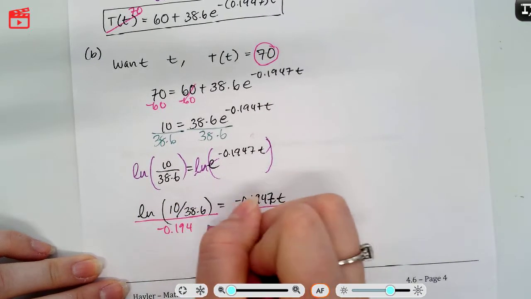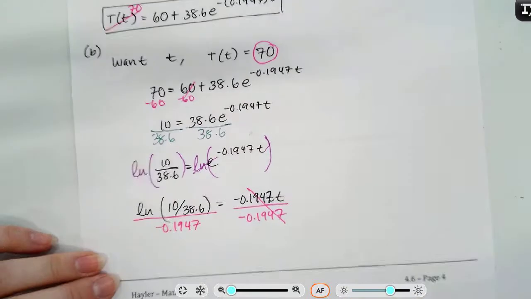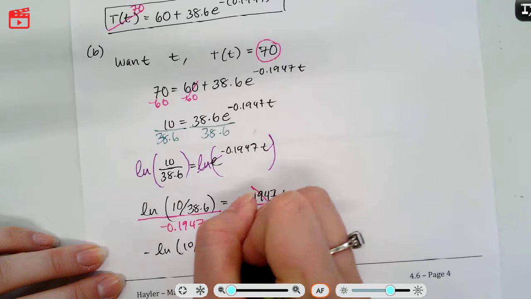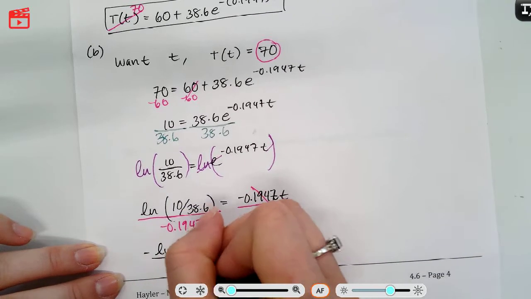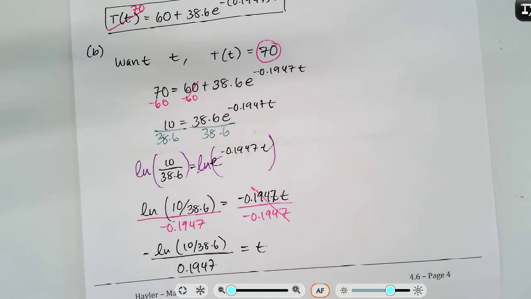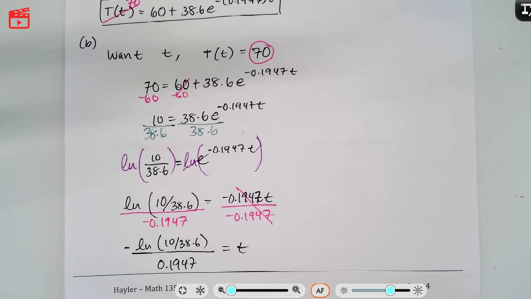And we're left with our answer of negative natural log of 10 divided by 38.6 all over 0.1947 equals t.